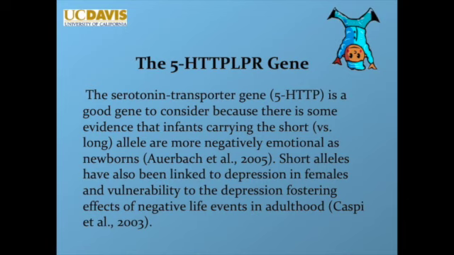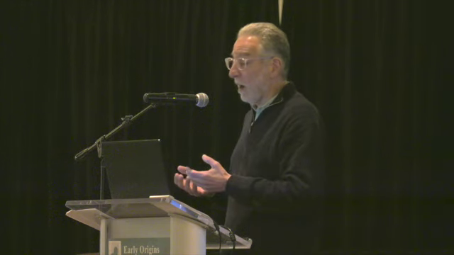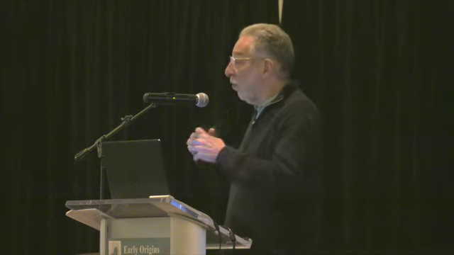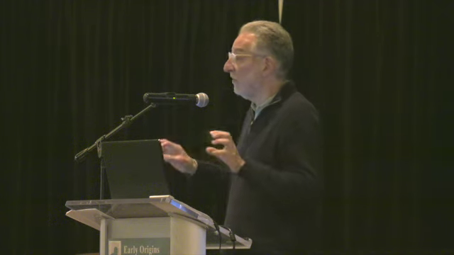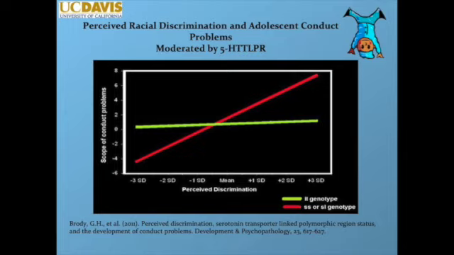Well, here we have a study of adolescents, mostly African-American adolescents growing up in the rural South, looking at the effect of their perceived racial discrimination on their conduct problems. Those who had one genetic set of variants, carrying what we call short alleles, and we don't have time to go into those details, but one set of variants of genes, are highly affected by whether or not they get perceived racial discrimination.